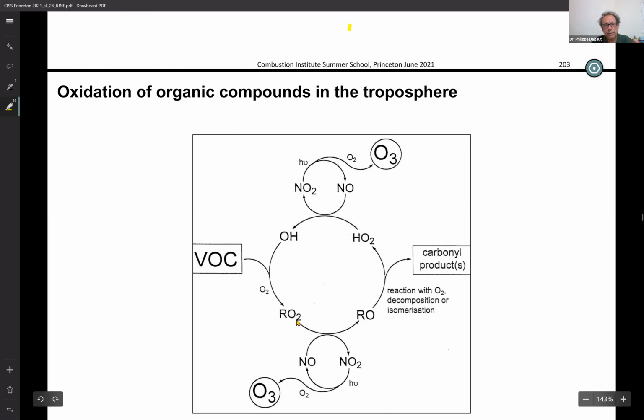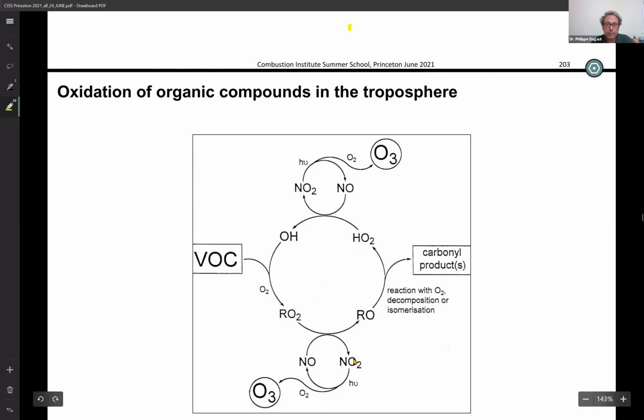This peroxy radical can react with NO. NO is transformed into NO2, and the RO2 is transformed into RO. NO2 absorbs light.